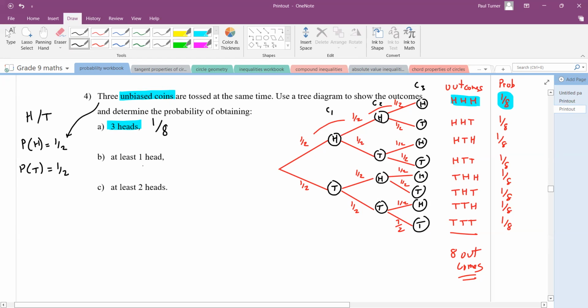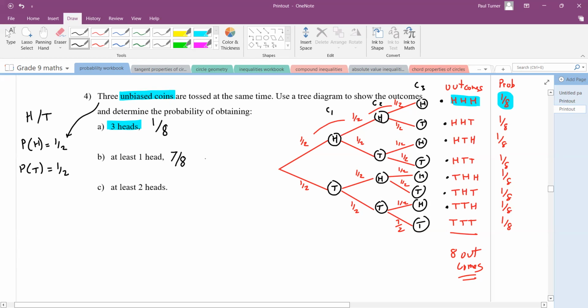At least 1 head. So now we need to go and mark off the ones that have at least 1 head. So that could be here, 2 heads, 2 heads, 1 head, no problem, 1 head, 1 head, 1 head. So you can see here if you add those fractions, you're going to get 7 out of 8.